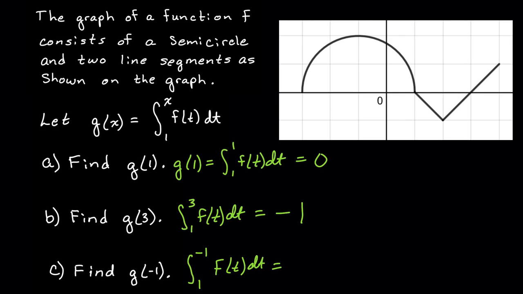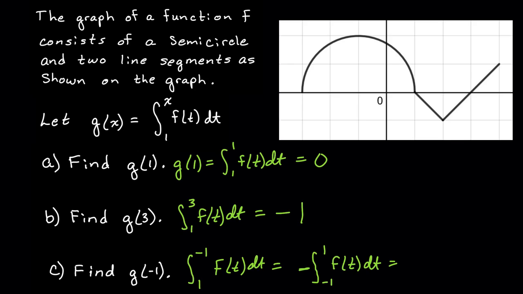And so what we're going to do then is switch our limits and put the -1 here, the positive 1 up here. But when we do that, that means we have to put the opposite sign or negative in front here. And so this would be the integral from -1 to positive 1 f of t dt.